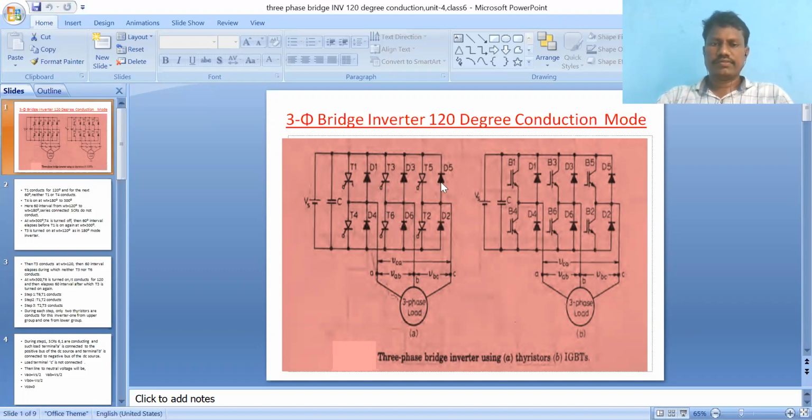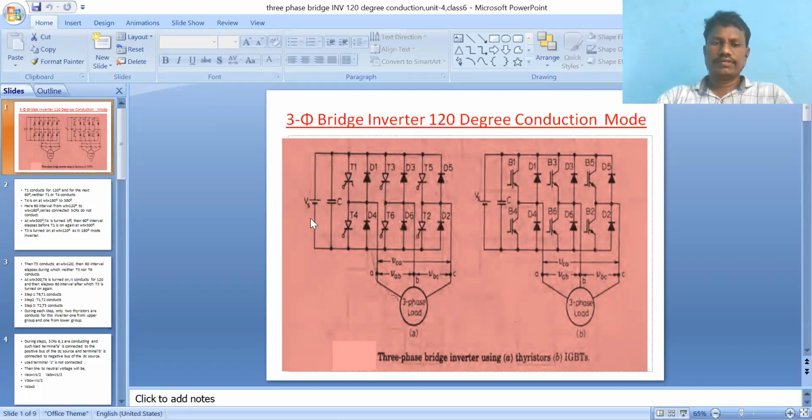6 thyristors, bridge connection. So 3 limbs, each limb has 2 thyristors. First limb T1, T4, second limb T3, T6, third limb T5, T2 is connected, and diodes D1 to D6 are connected across each corresponding thyristor, T1 to T6.